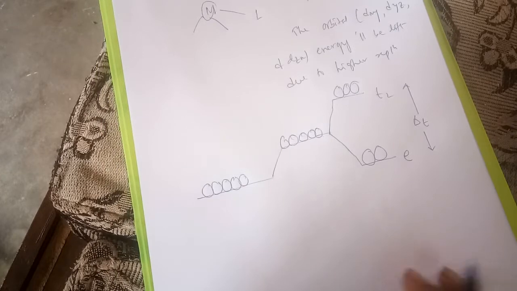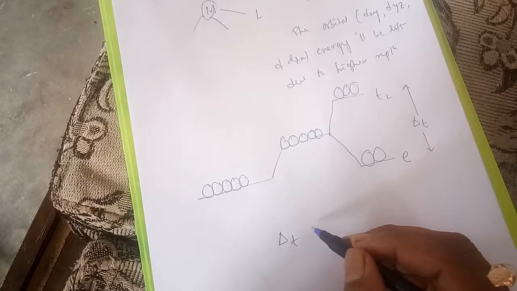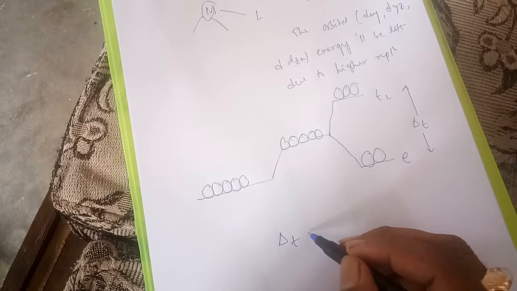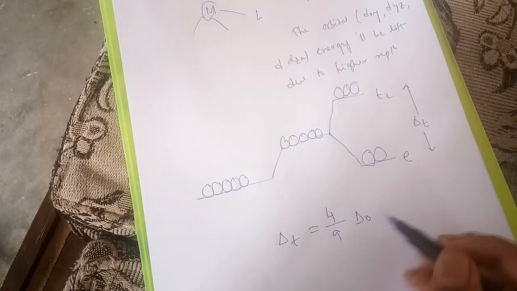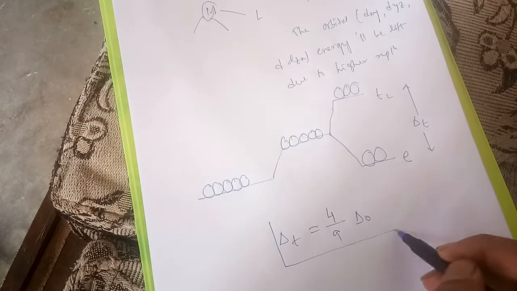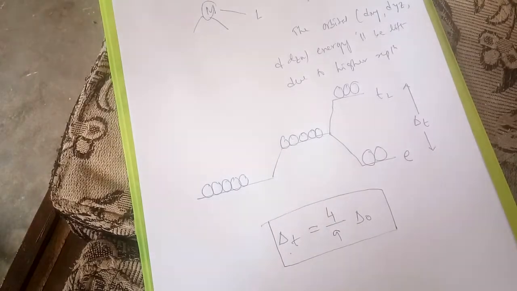Now, one point, students: since ligands are fewer, your del T value is equal to 4 by 9 of del O value. So splitting in a tetrahedral complex is less than 50% of del O value.